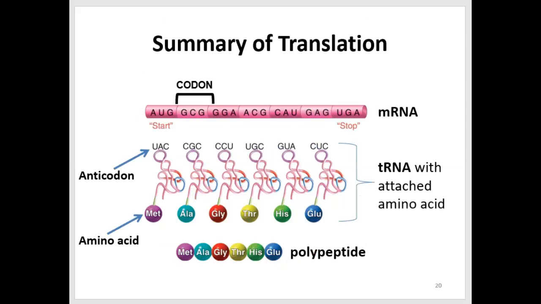So to summarize, the process of translation involves a starting molecule, messenger RNA, and then the final product is a polypeptide or a protein. Ribosomes read the messenger RNA codons. The amino acids are brought to the ribosome by transfer RNAs.